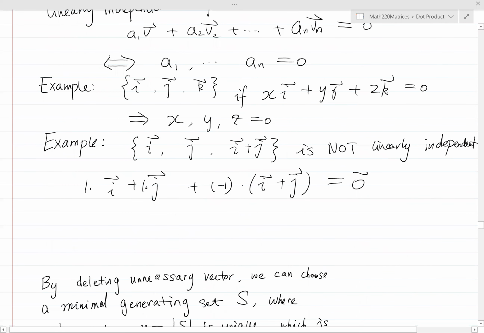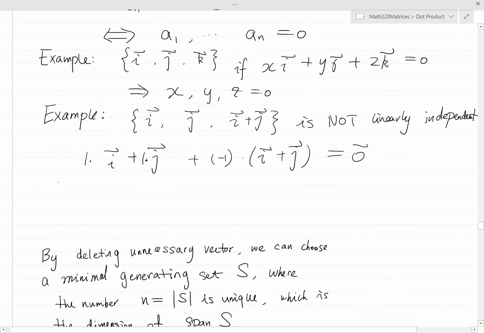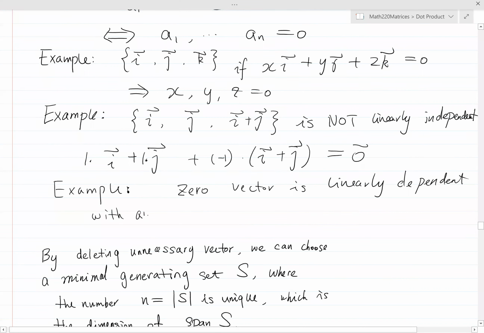By definition, as an example, the zero vector is linearly dependent with any vectors.